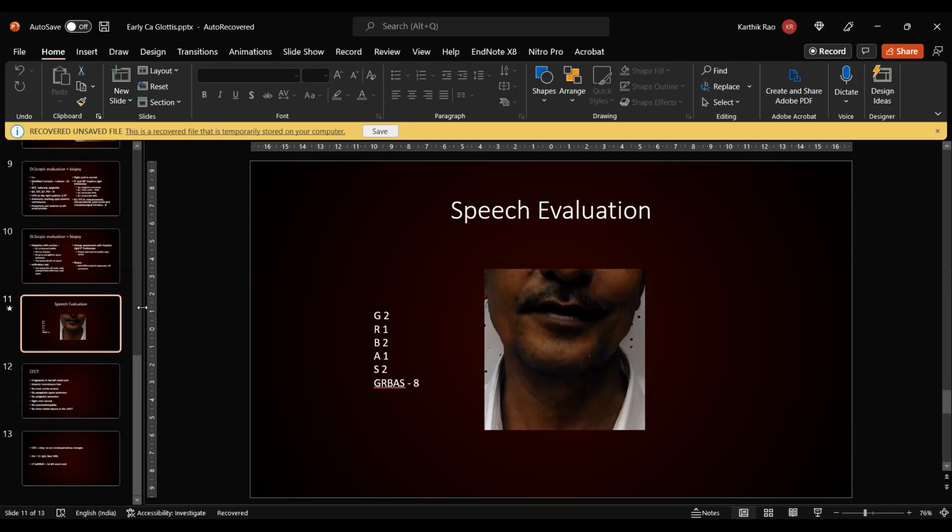In radiation, the patient would receive a minimum of 30 to 35 fractions, which may extend from 6 to 7 weeks, and the patient will have to come every single day, 5 days a week, to the radiation OPD. There are also significant radiation effects.